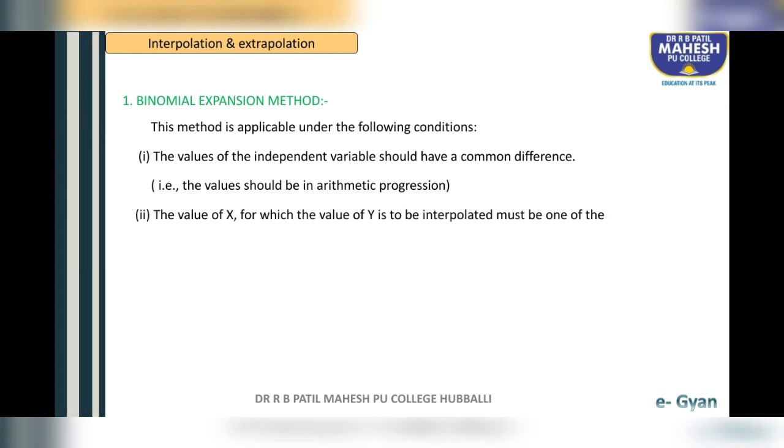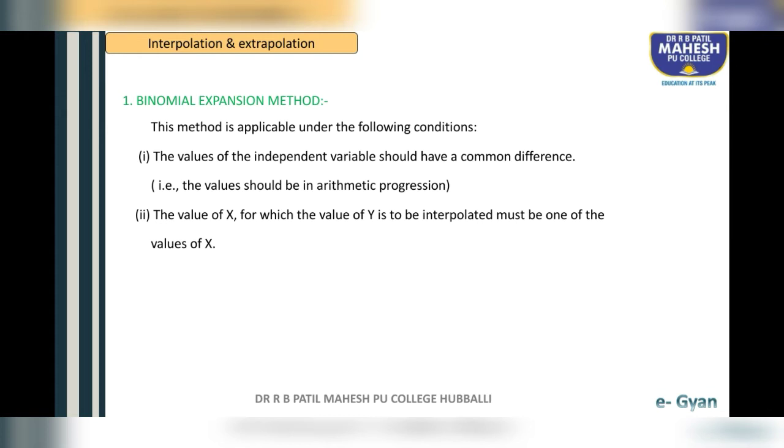The second condition is the value of x for which the value of y is to be interpolated must be one of the values of x. Students, when you are solving examples on the binomial expansion method, these conditions should be satisfied. Then only this method is applicable.